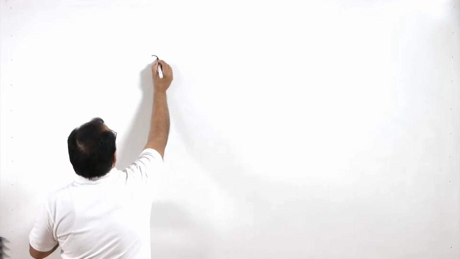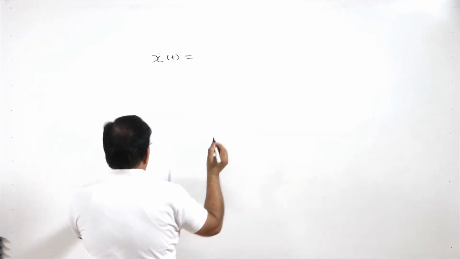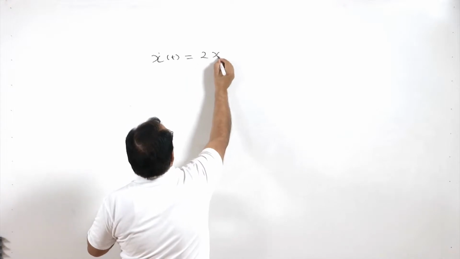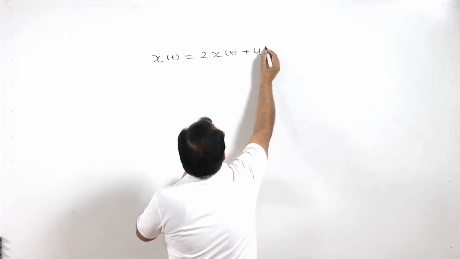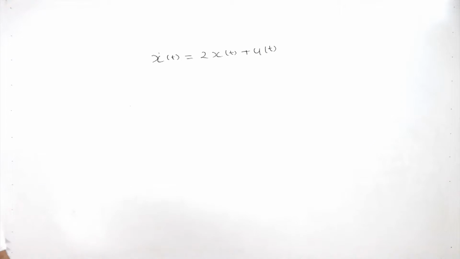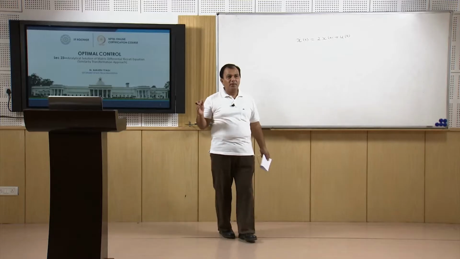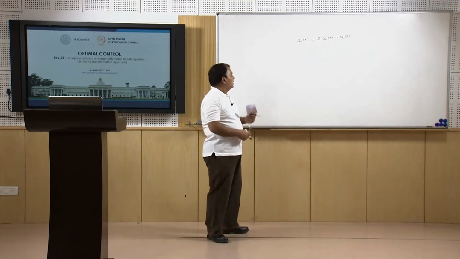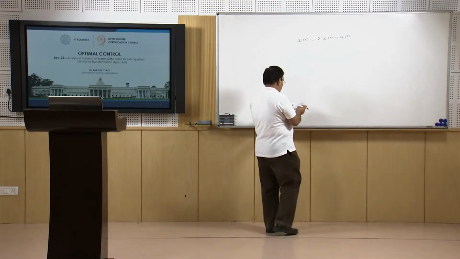We take the same example which we have discussed before. We have a plant given as x dot(t) equal to 2x(t) plus u(t). We are taking a first order system, which will give a second order Hamiltonian that can be easily solved by the manual approach. If our system is bigger, then we have to use the computer to solve this matrix.